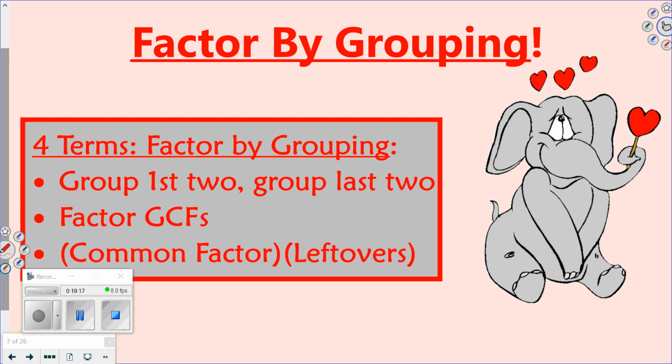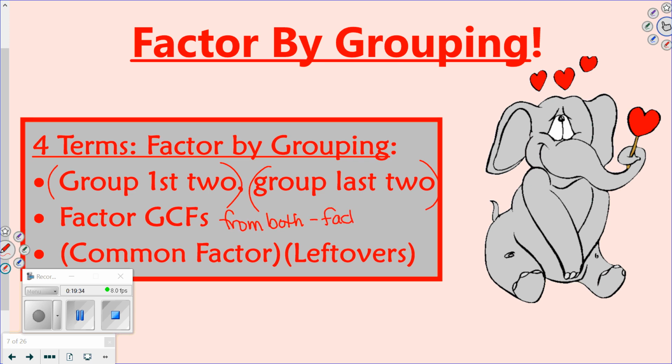We're going to group the first 2 terms in a parenthesis. We're going to group the last 2 terms in a parenthesis. We're going to factor out GCFs from both.